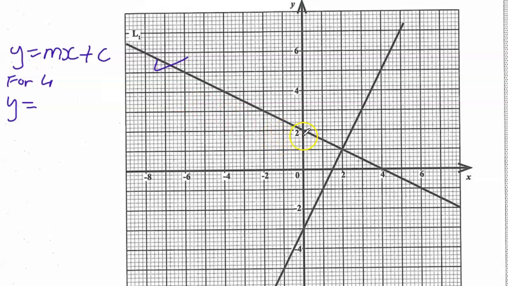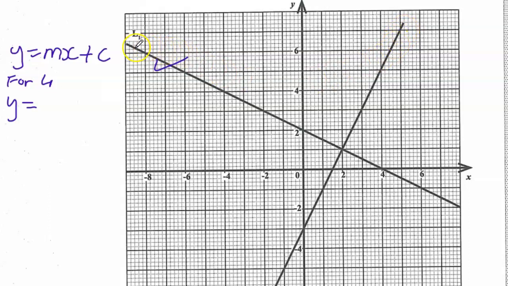Notice the gradient, the rise over the run, notice it's 2 over 4. That's a half, right? But it slopes in a negative direction. It's falling, so it's a negative gradient. L2 is rising, so L2 of course will be a positive gradient.